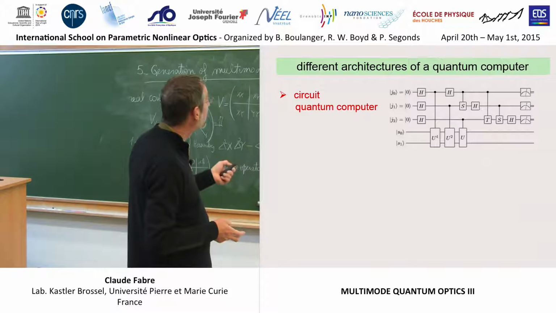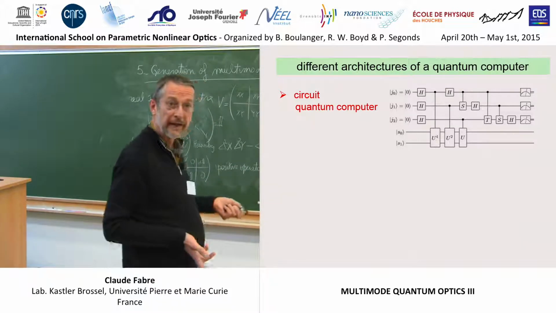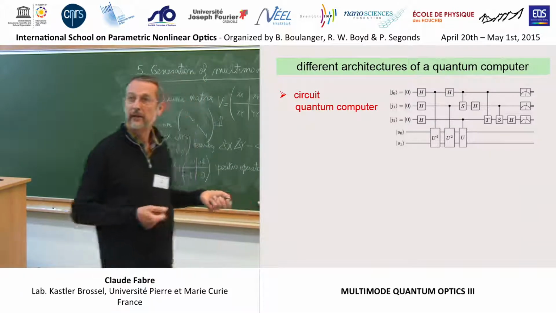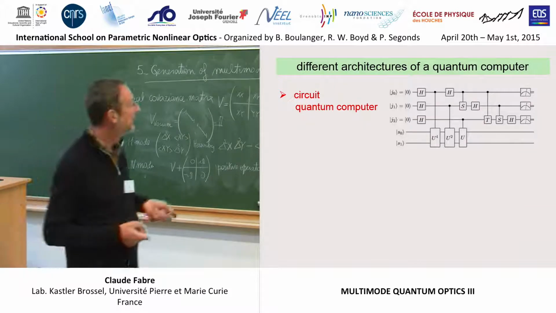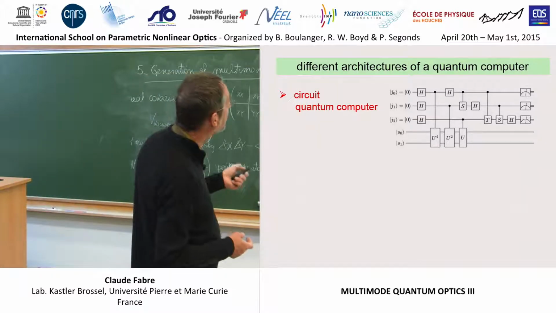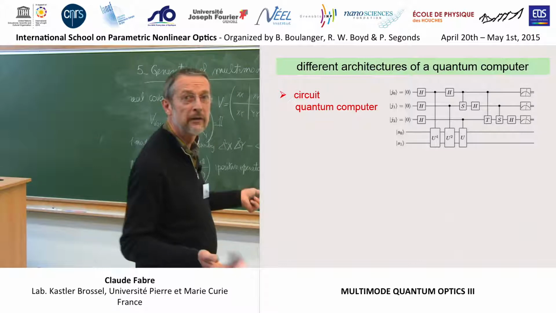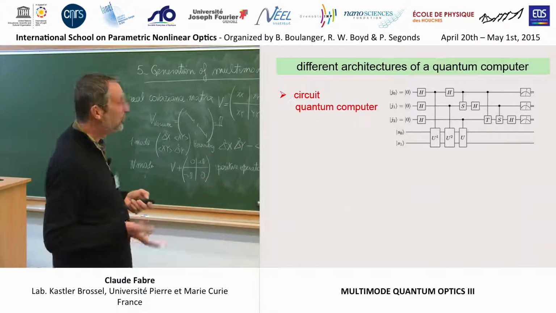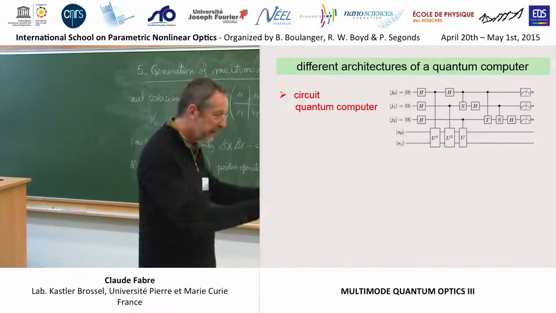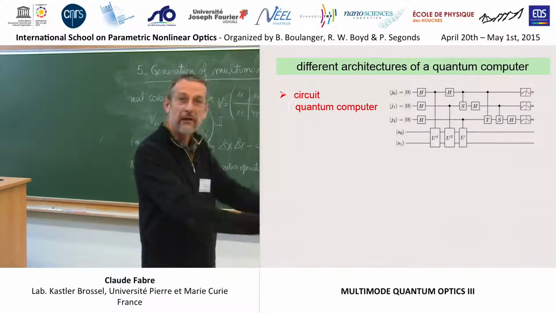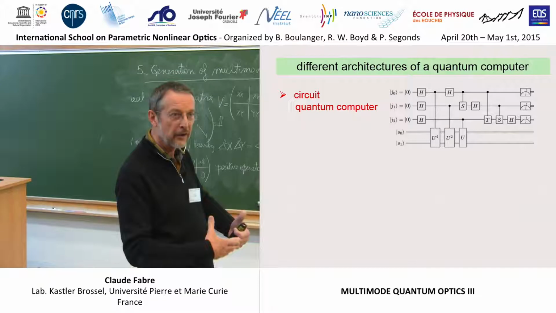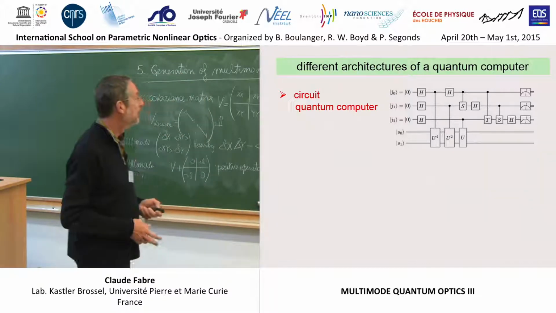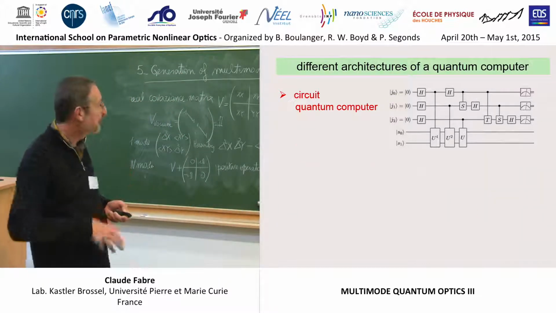Just in a quantum computer, you replace the classical gates by quantum gates, gates obeying quantum rules, but it's the same. And then at the output, you have your answer. So this is not something which is well adapted to what we have, because we have this big state which is there. It's quantum, but it's not something that you can process in parts.